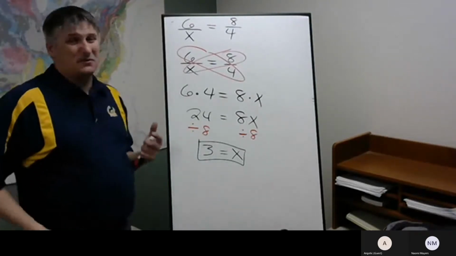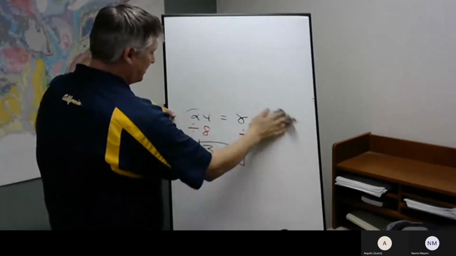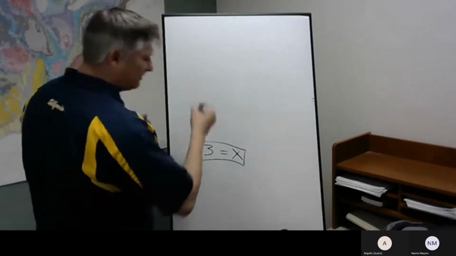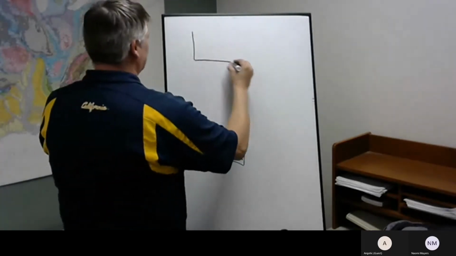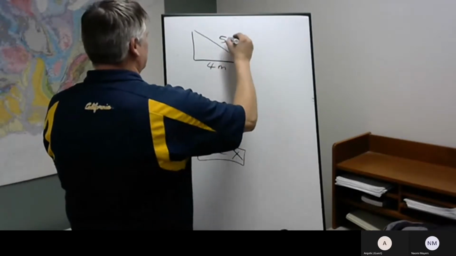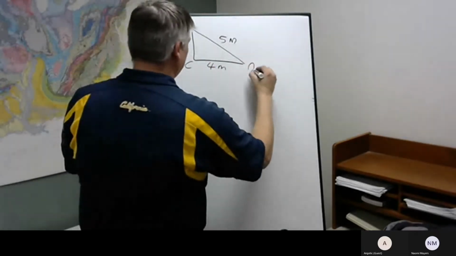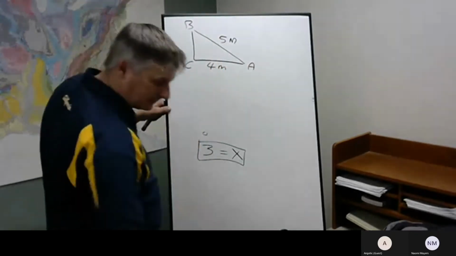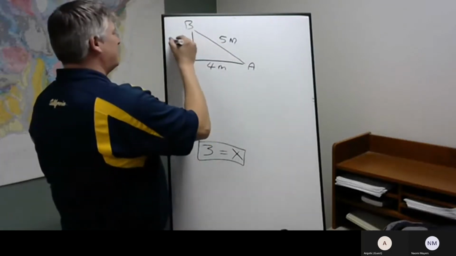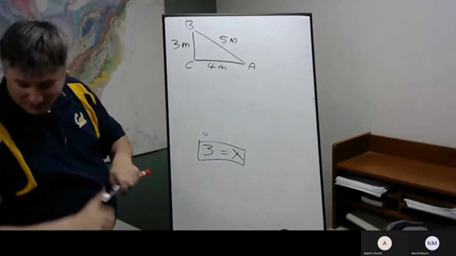Now, remember, we're not just looking for the side, we're looking for the perimeter. So let's go back to this triangle. So we just found out this is going to be 3 meters.